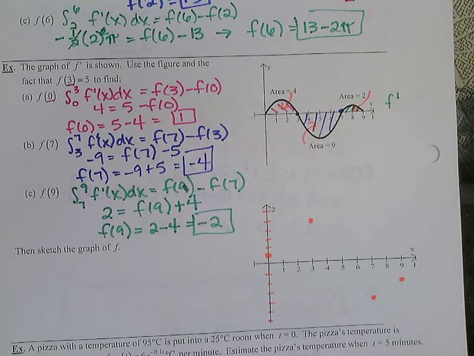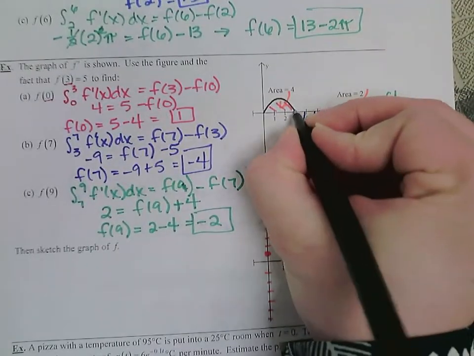And where the derivative is less than 0, the function is decreasing. Whenever the derivative is equal to 0, we have a possible maximum or minimum depending on if the sign of the derivative actually changes where it's equal to 0. Remember, where the derivative is equal to 0, we call that a critical number. So for example, at x equals 3, we have a critical number.